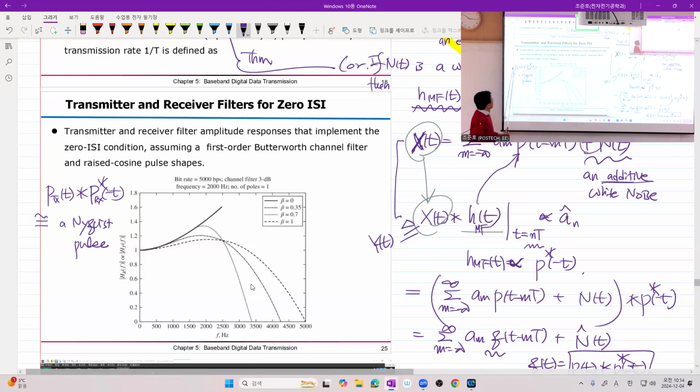Sometimes this p_Tx(t) and p_Rx(t) may be matched filters to each other. However, sometimes we use two different pulses, but their convolution, after time reversal and complex conjugation, becomes a Nyquist pulse, in order to remove the intersymbol interference. That is the idea of the zero forcing equalizer.